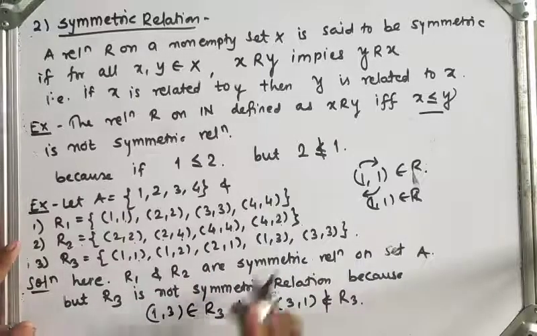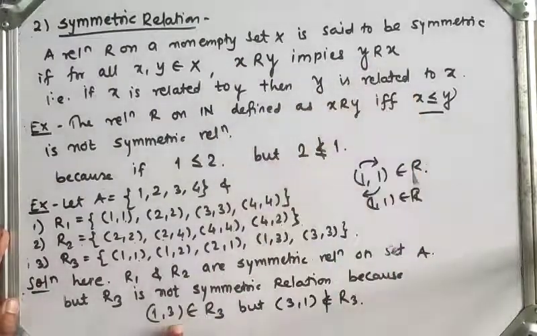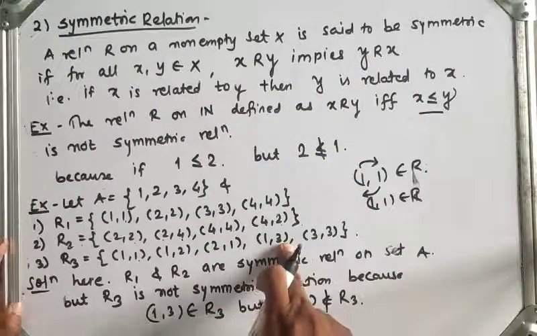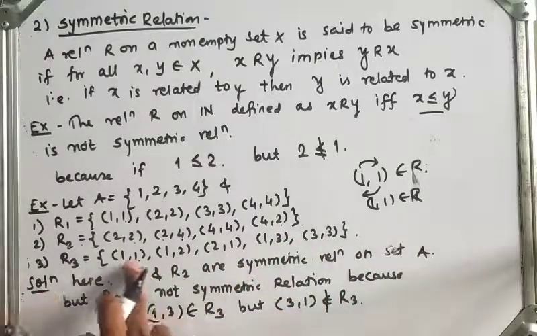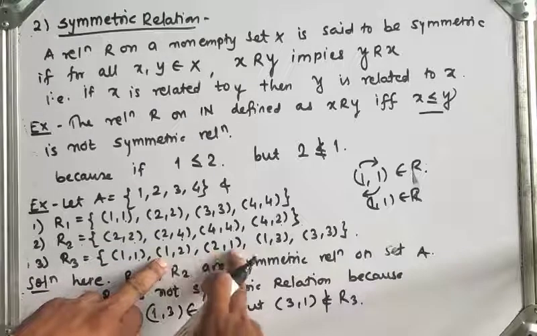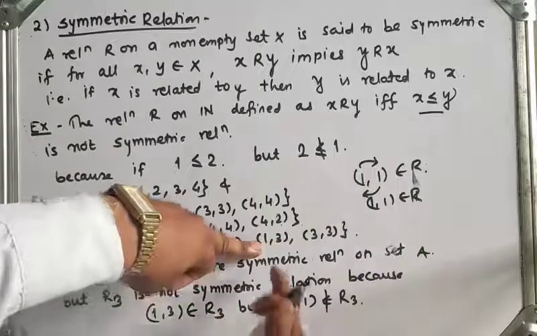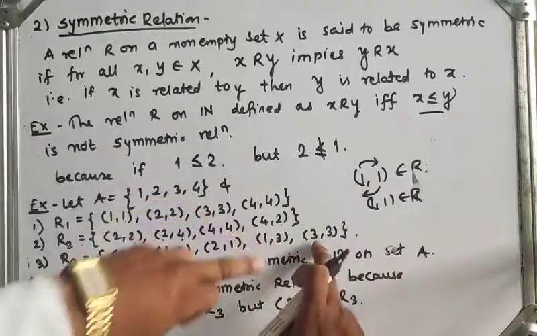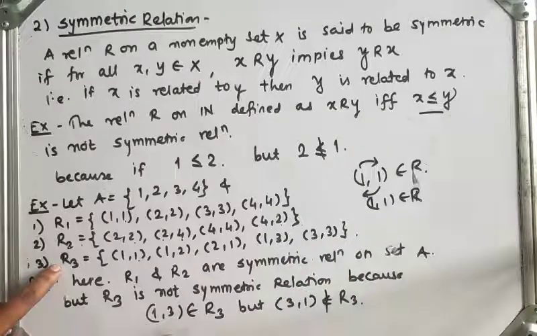It means that if x is related to y, then y must be related to x. Here (1,3) belongs to the R3 set, but (3,1) does not belong to R3. So R3 is not symmetric.